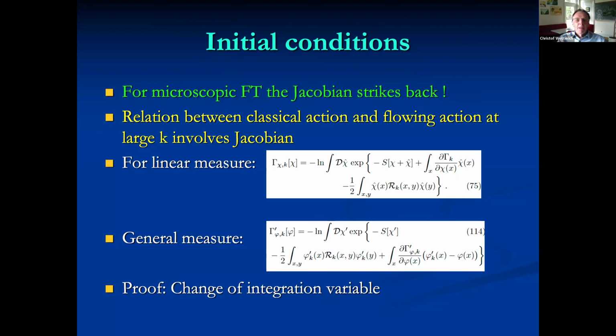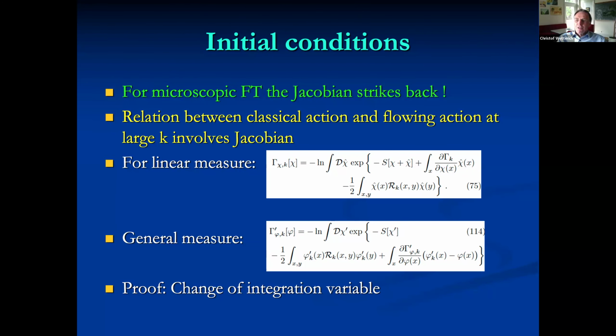So if you want, the Jacobian strikes back for the microscopic field transformations. You do not really get rid of it. And you also see that if you look at your relation between the classical action and the flowing action at large k, so your initial value for the flow equations.